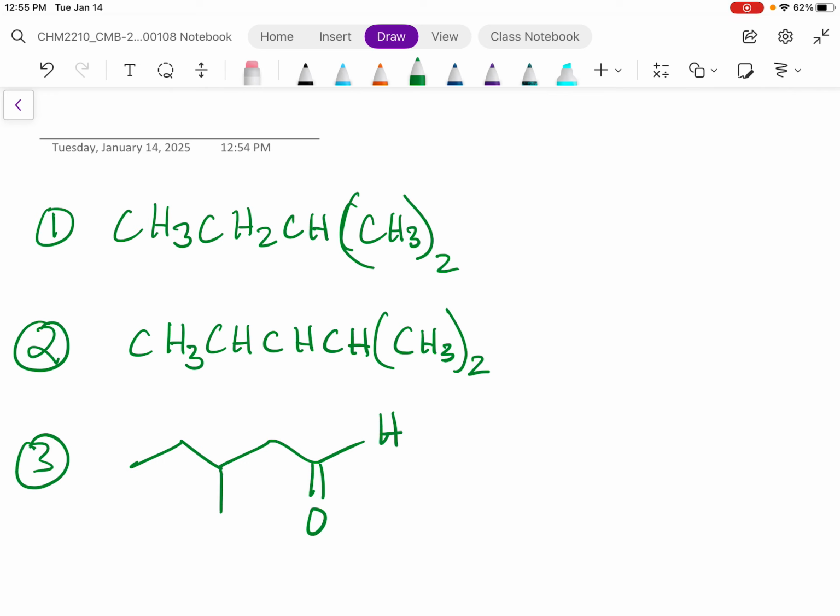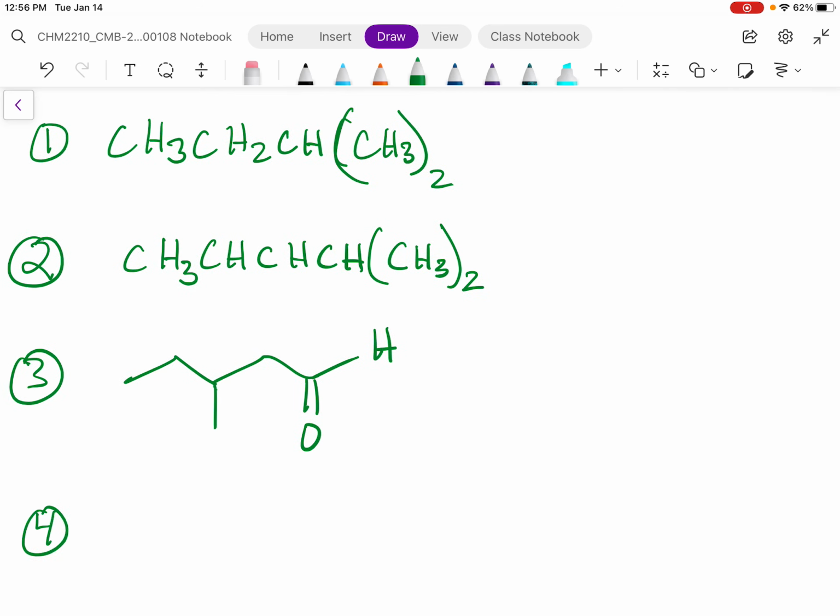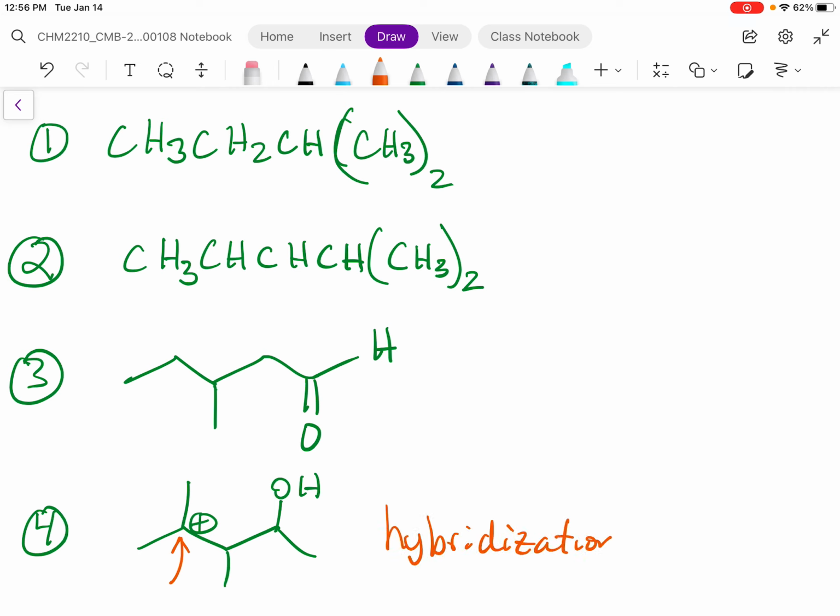So work on those 3, and I'm going to add a 4th one because I'm feeling really nice today. So what is the hybridization state of that carbon that arrow is pointing to?